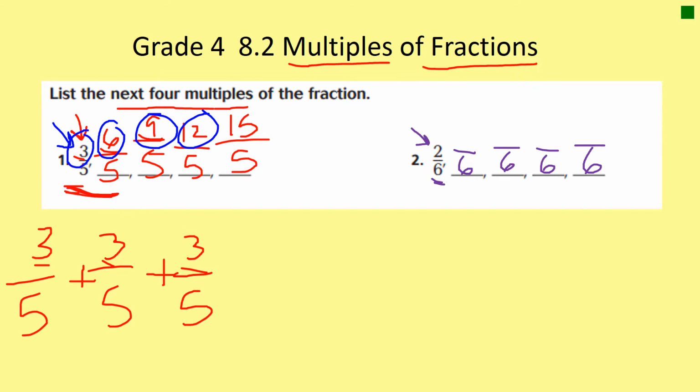So 2 times 1 is 2. 2 times 2 is 4. 2, 4, 6, 8, 10. You guys knew that one, didn't you? Very, very well done, guys. So multiples of fractions are really like multiples of whole numbers, except we're just dealing with the numerator of fractions. Okay? Beautiful.